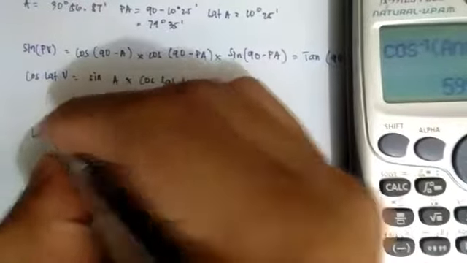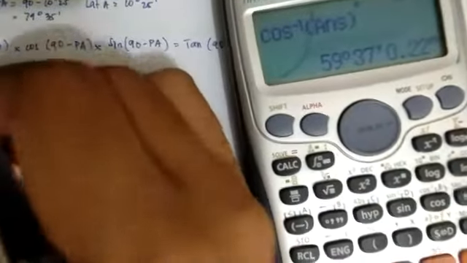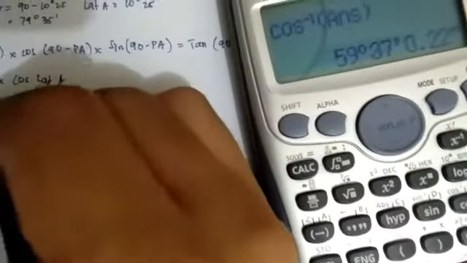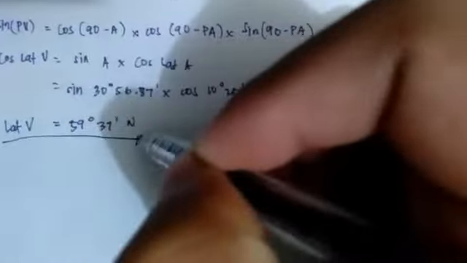So this would be the latitude of our vertex, which is 59 degrees and 37 minutes north. So that would be the latitude of our vertex.